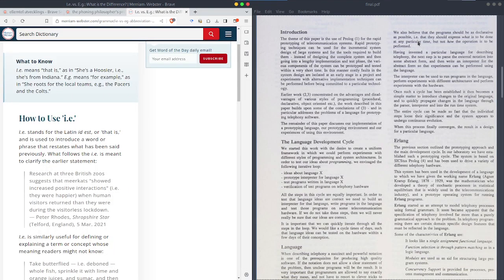That is, they should express what is to be done at any particular time, but not how the operation is to be performed. That's also interesting because we don't want to know how the operation is made.